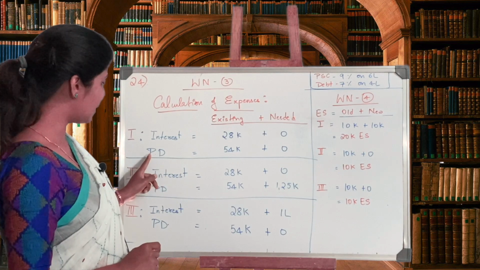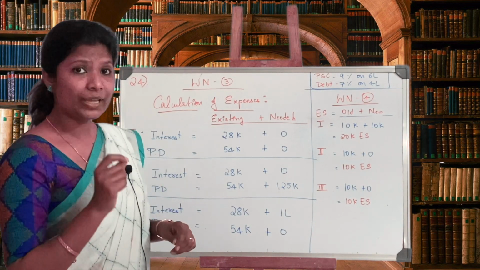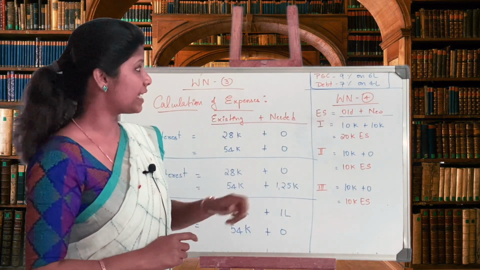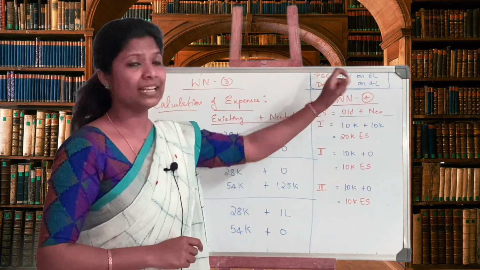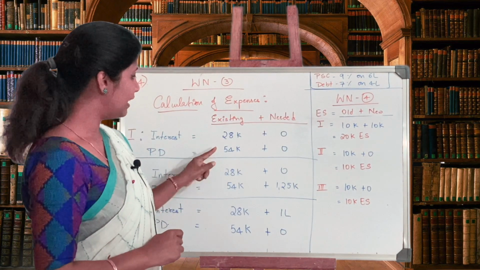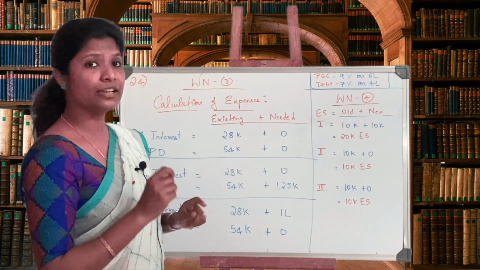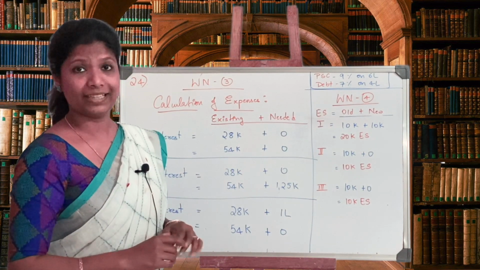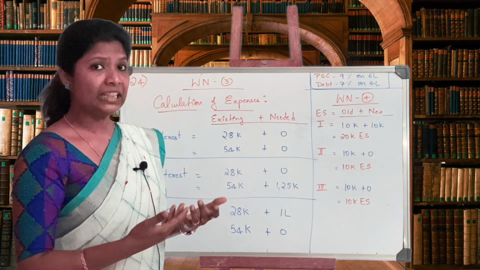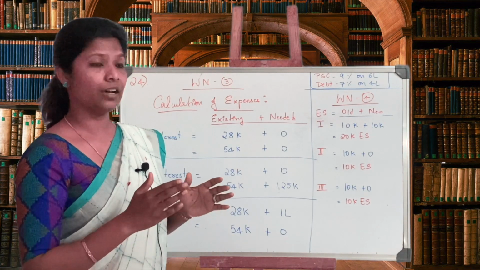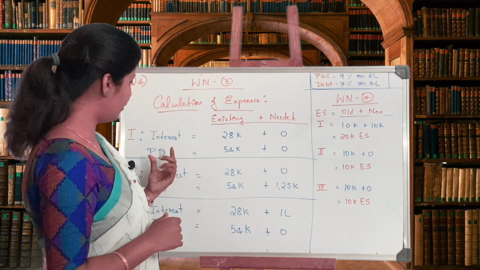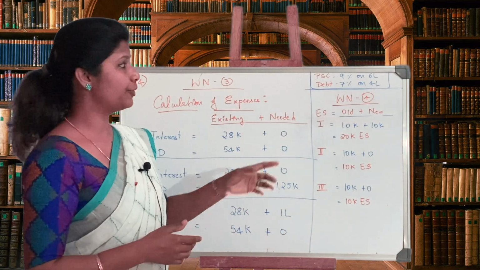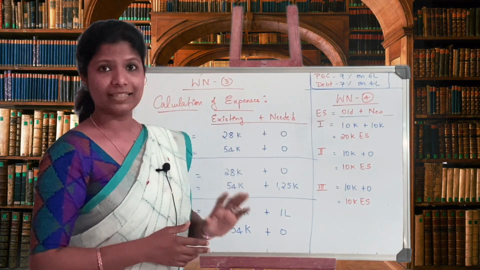Coming to the next expense, preference dividend. Do we have preference share capital in the existing? Yes. How much? 9% on 6 lakh. Therefore, 9% on 6 lakh is 54,000 rupees. That is existing capital. In the needed capital, do we have preference dividend payment? Okay, preference dividend, do we have preference share capital? Yes, 9% on 6 lakh rupees.